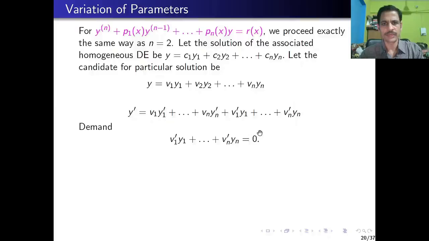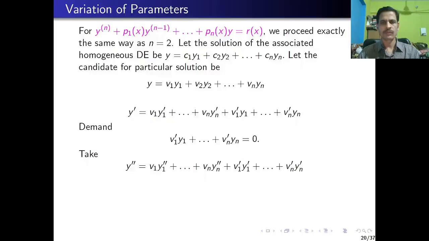Now here we demand that the terms that appear here, namely v1 prime y1 plus dot dot dot up to vn prime yn, this is equal to 0. Then y prime will be only the first n terms. Then we differentiate this y prime.